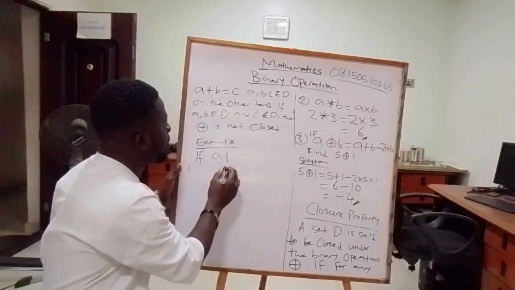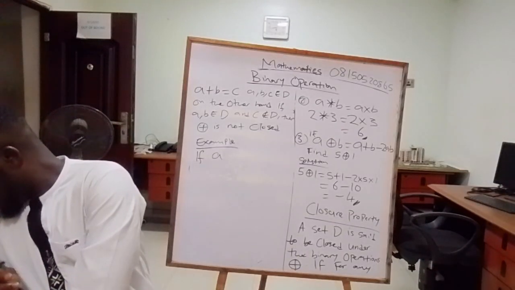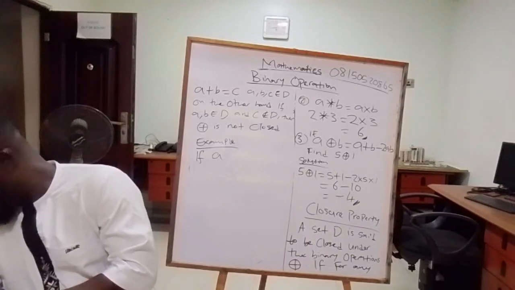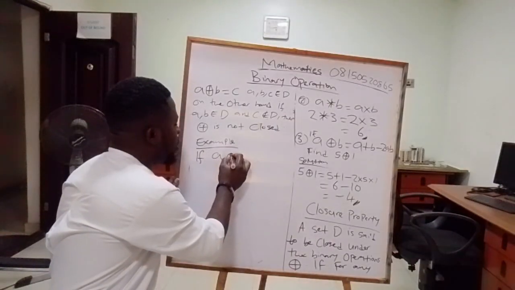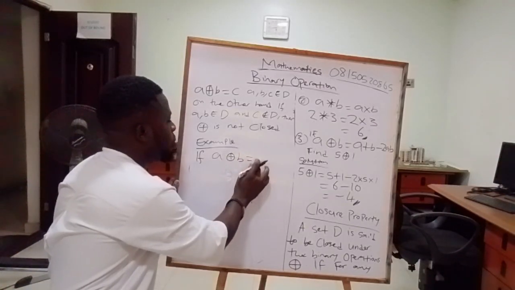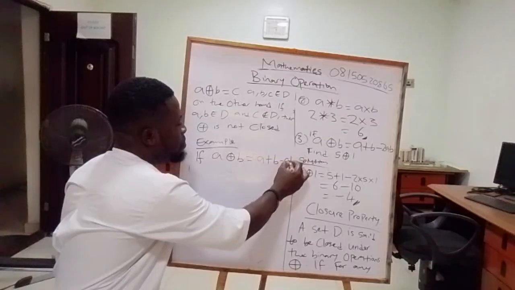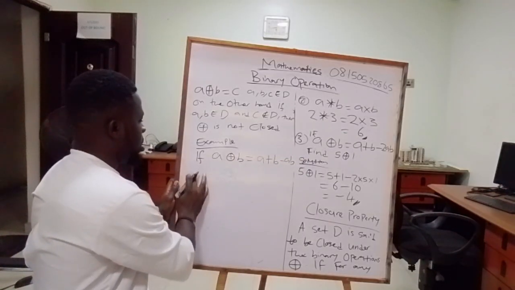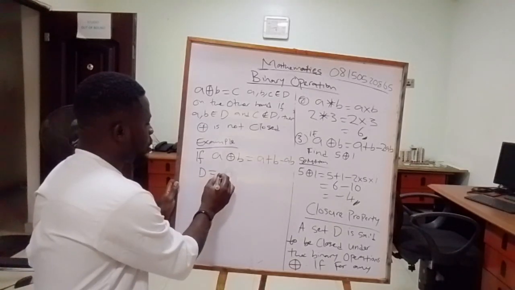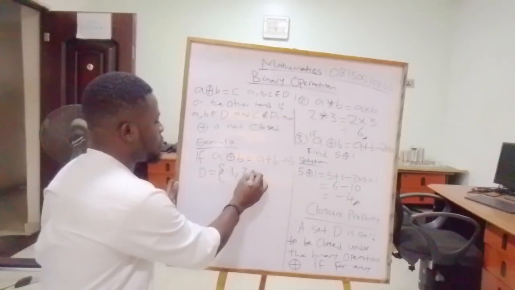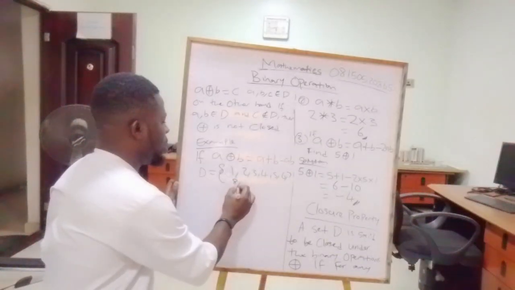Let's say a operation b is equal to a plus b minus ab, and I tell you that D is equal to the set of 1, 2, 3, 4, 5, 6, 7, 8, 9, 10.